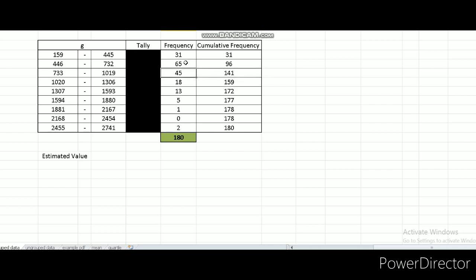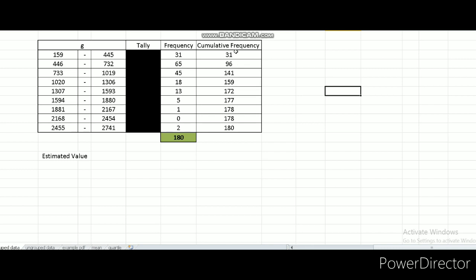It comes from 45 plus 65 plus 31, and so on. In the end, after we have lined up all the numbers until the last group, we will have all 180 data, which is the same as the sum of the second column. So that is what cumulative frequency is.